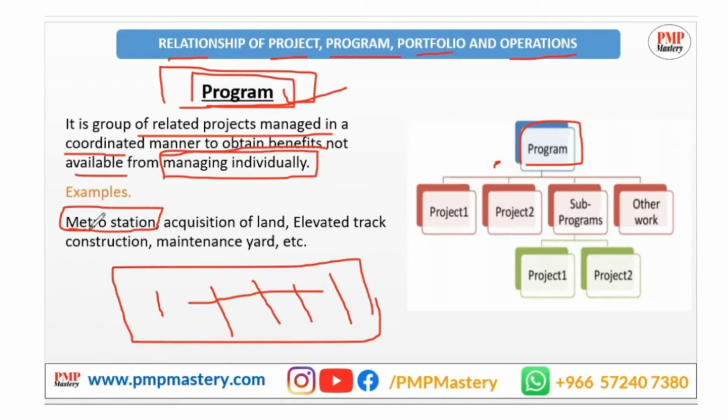Also you have to construct an elevated track, and you have to create a maintenance yard where the metro train will stand if there is any defect, to be rectified. So you put in the maintenance yard for preventive and corrective maintenance. Let's consider these are the major things you need to get a complete metro station.